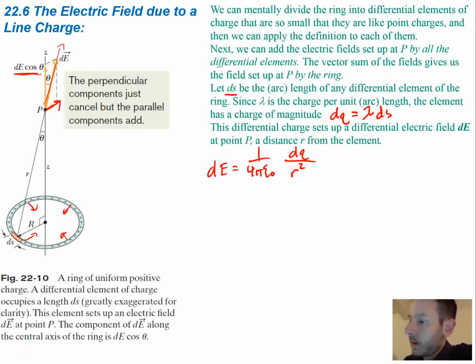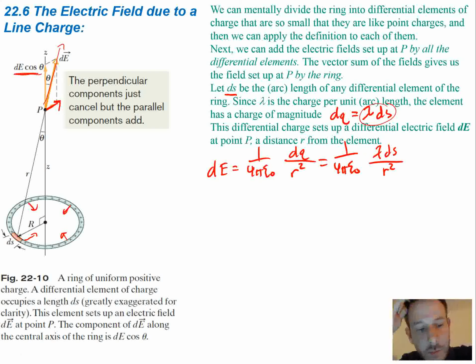Getting rid of this dq, let's change it to lambda ds. So you have 1 over 4 pi epsilon naught, and then the dq becomes lambda ds divided by r squared.